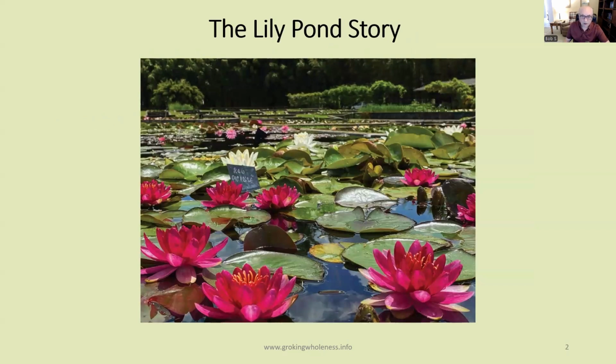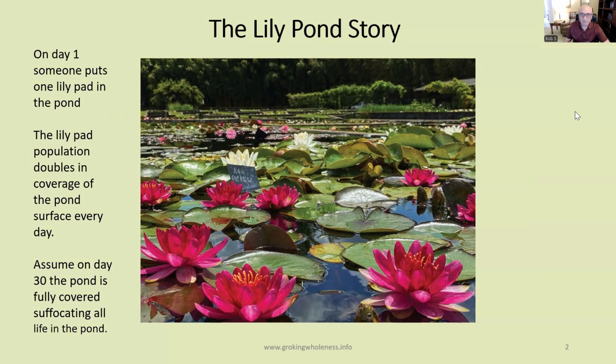In order to describe it, let me use a French fable that's often taught to young children about how exponential growth works. Let's suppose I have a lily pond, and the pond is completely clear on the surface. One day somebody comes along and puts one lily pad in the pond.